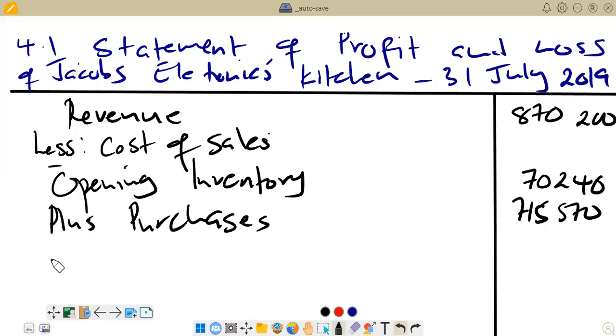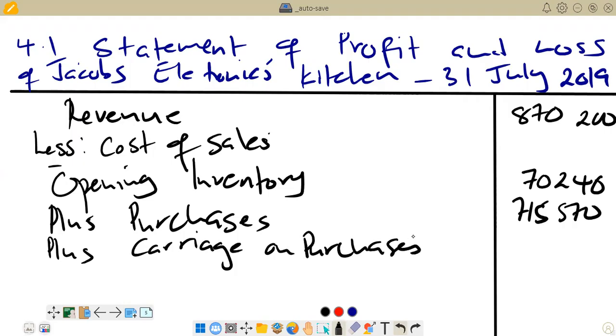So here we have added purchases, and now we say plus carriage on purchases. If we check in the list of balances that we are given, we see that it is 30,000, so we put our 30,000 here.